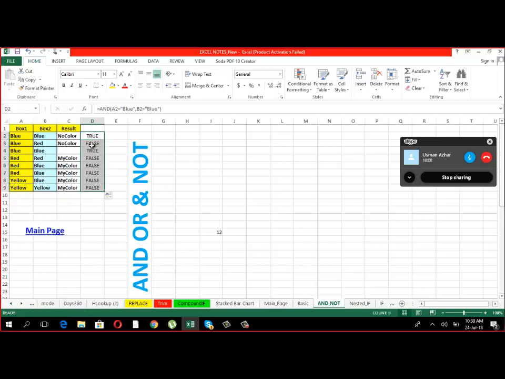For red, it gives me false because it's not blue. Both of them should be blue. Get the point?